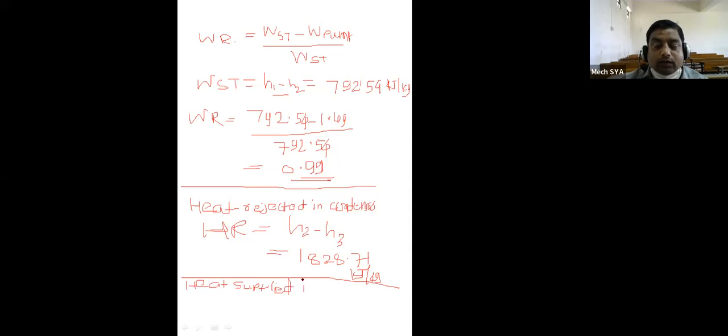Heat supplied in boiler is H1 minus H4. H1 we got, H4 we know. That much amount of heat we have supplied in the boiler.